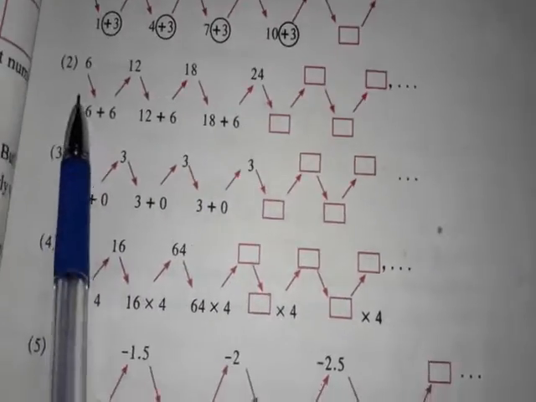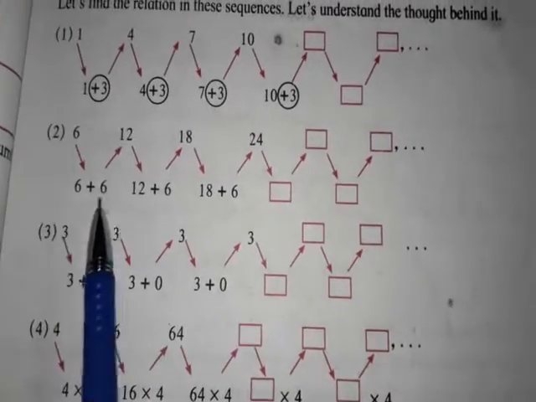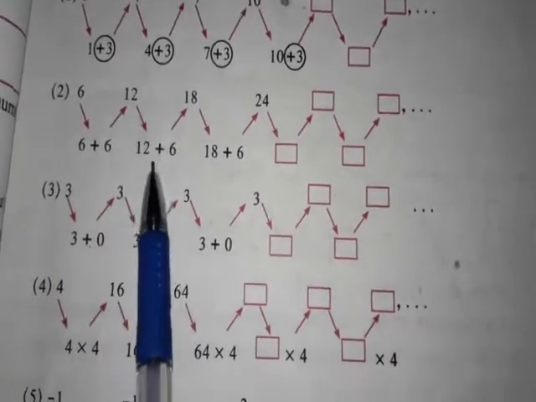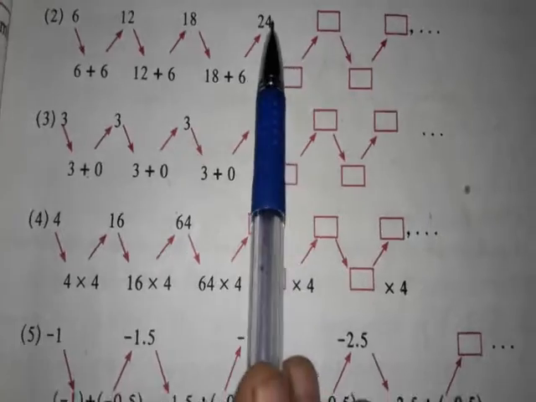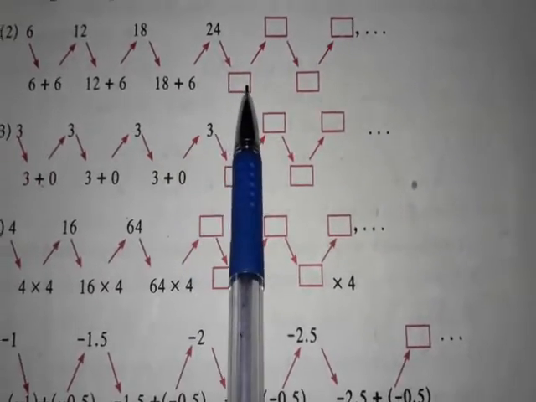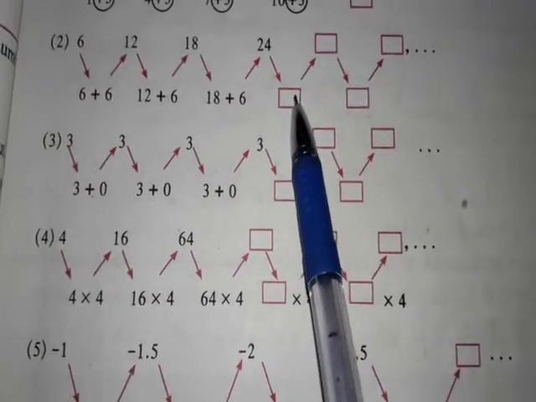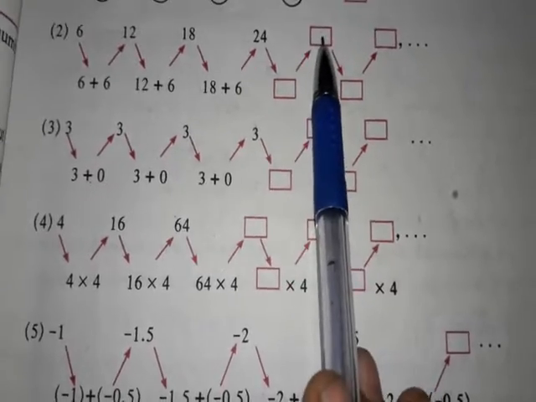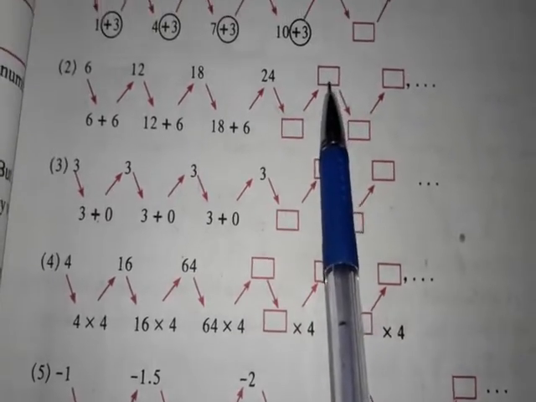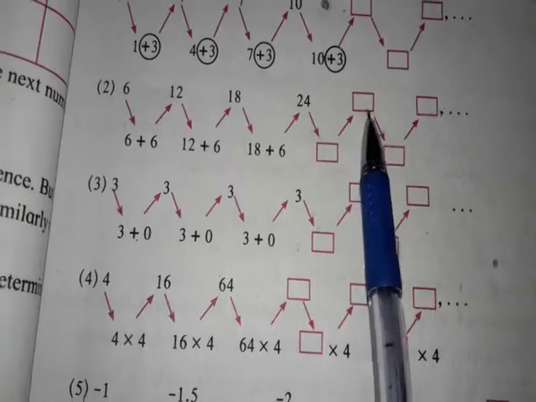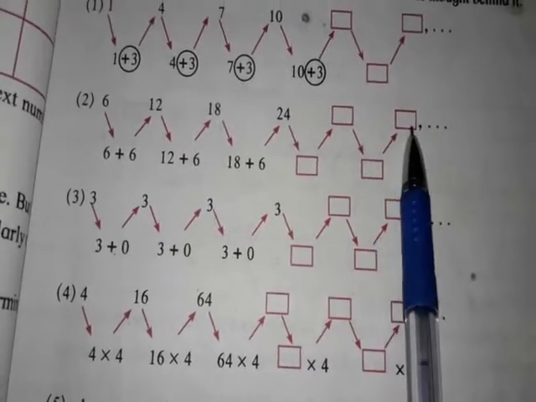In second example you have to add 6 to the first term. Means 6 plus 6 is 12, 12 plus 6 is 18, 18 plus 6 is 24 and 24 plus 6 will be 30. 30 plus 6 will be 36.